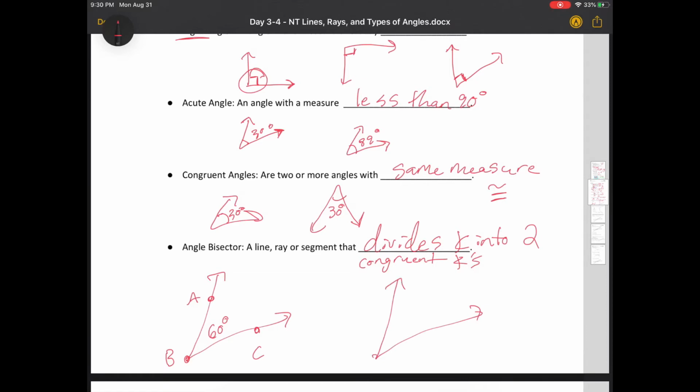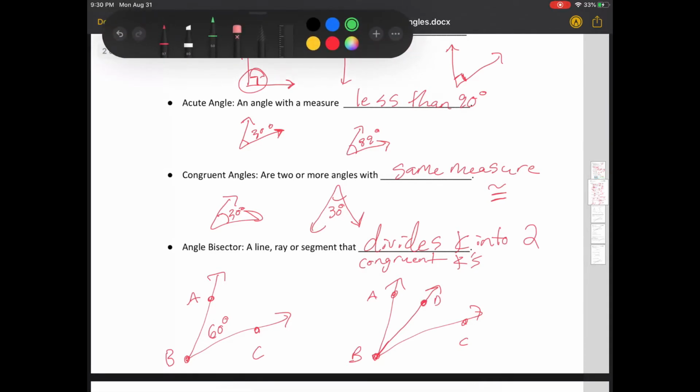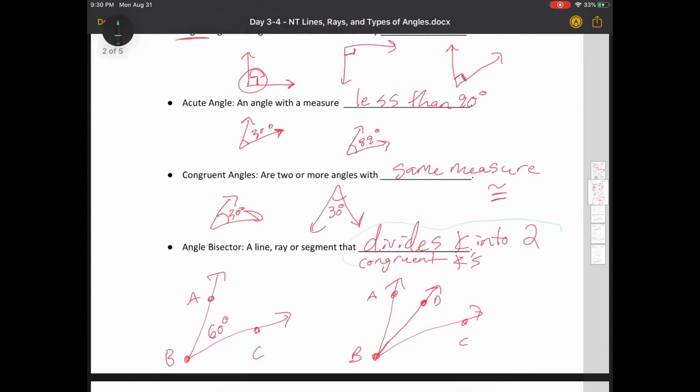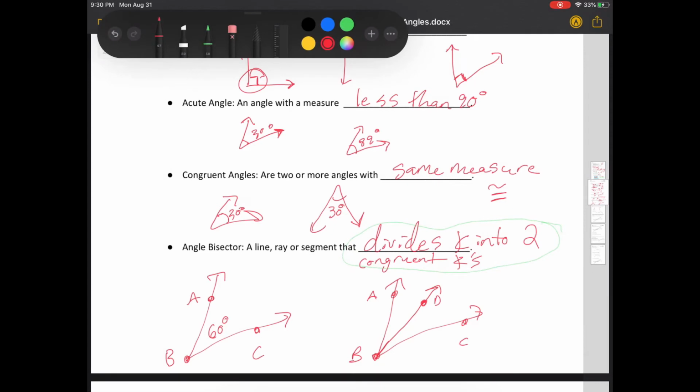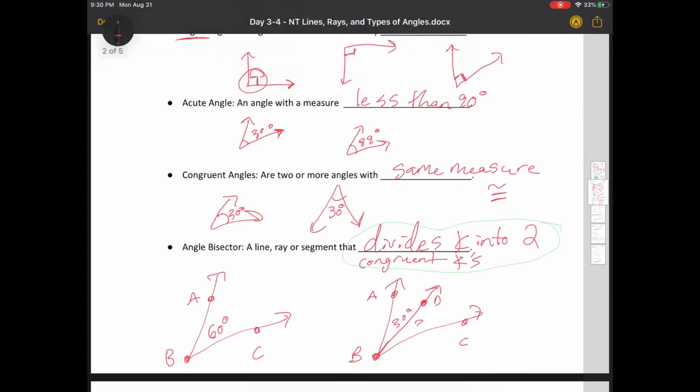Now let's say I bisect this angle ABC with, like the definition says, a ray, let's call it ray BD. So if it bisects it, it divides it into two congruent angles. So if they're two congruent angles and we bisected it, that means one would be 30 and one would be 30.